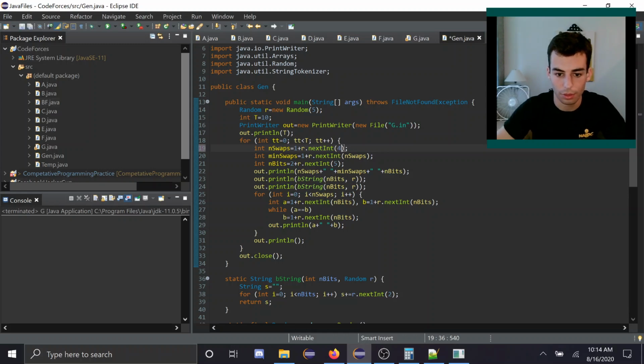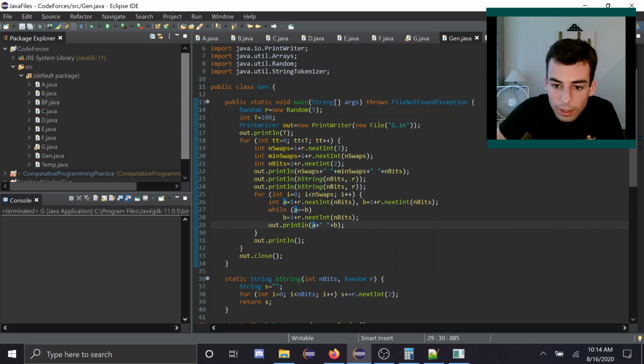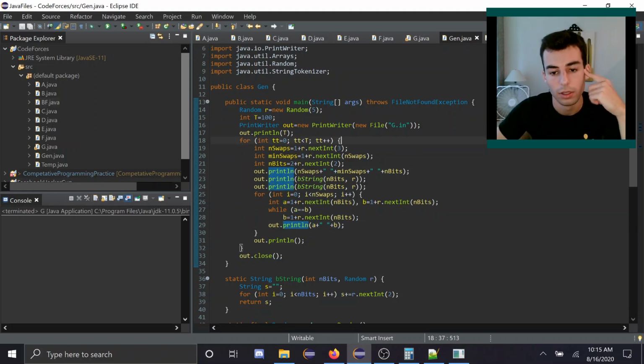Swaps, let's just do 3 swaps. Or maybe 4 swaps. Well, 3 swaps would be nice. Plus 2 third cases. Wait, what? Oh, this is the gen. Yeah. Okay.